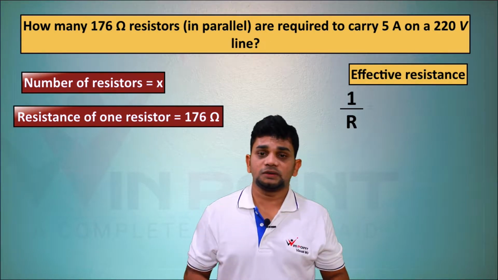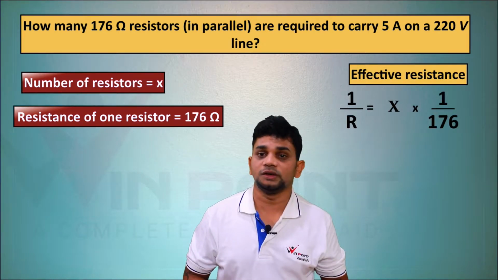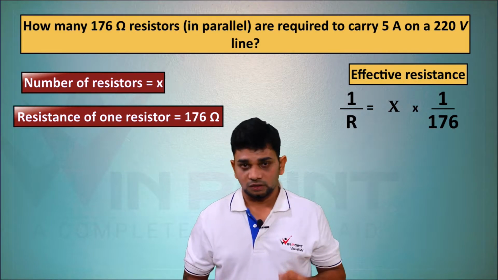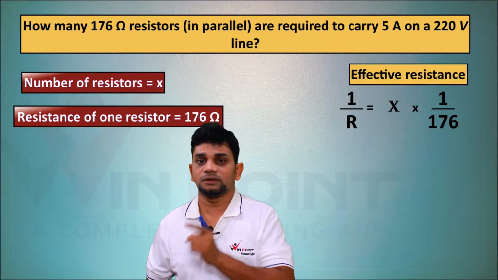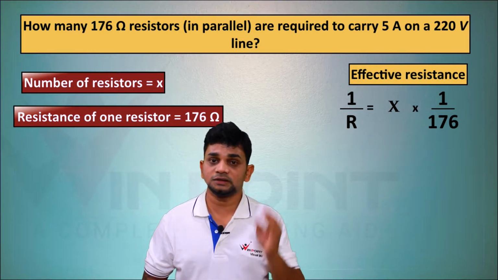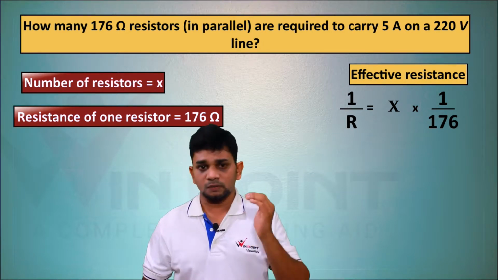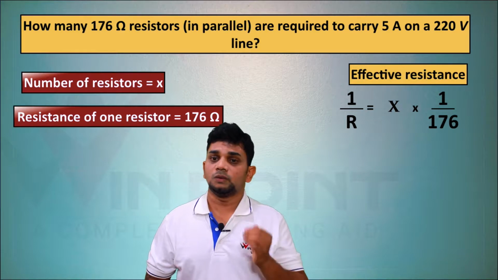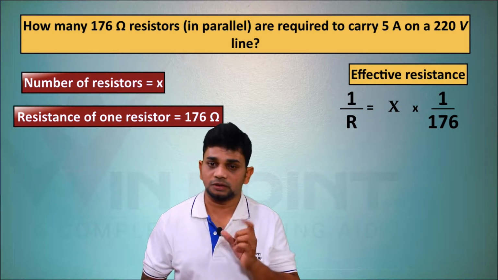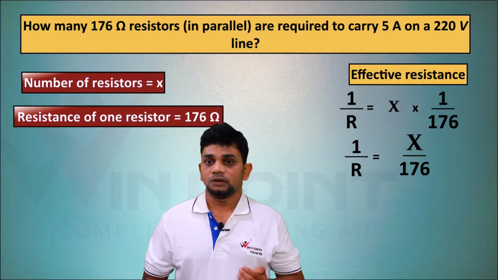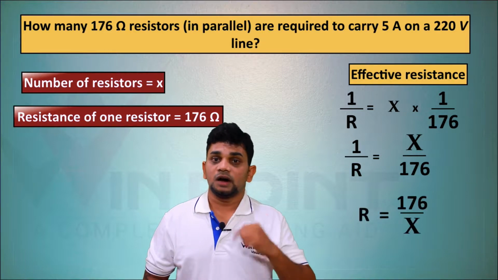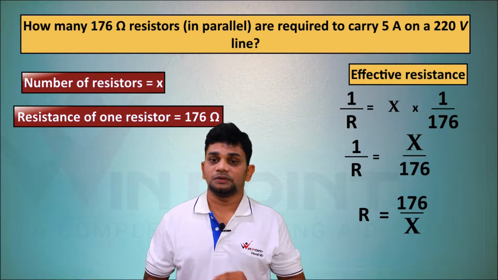So effective resistance 1 by R equal to X into 1 by 176. If there are 2 resistors, 2 into 1 by 176. If there are 3 resistors, 3 into 1 by 176. Here it is X resistors. So 1 by R is equal to X by 176. Then R will be equal to 176 by X.